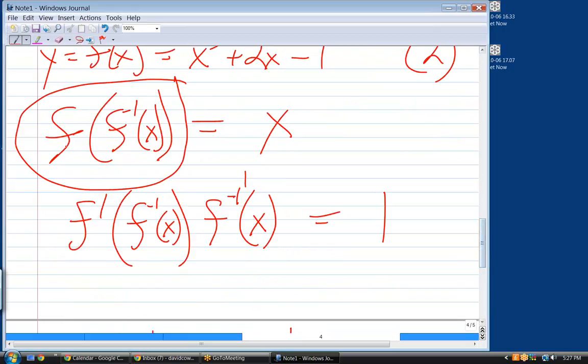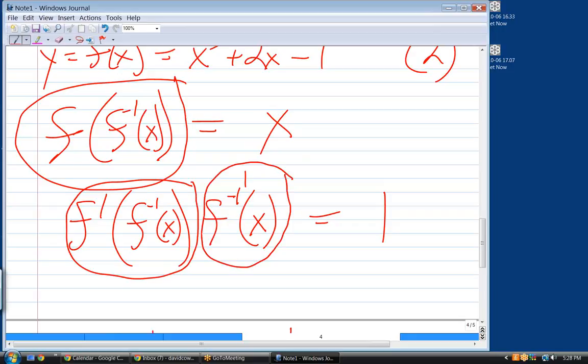If I take the derivative of both sides, I take the derivative of the outside, which is that, times the derivative of the inside, which is that, which is notation I've never seen before for some reason, and it's all equal to 1. And then if you solve for this, you end up with 1 divided by this, or something to that effect. Okay. And then you kind of go from there.